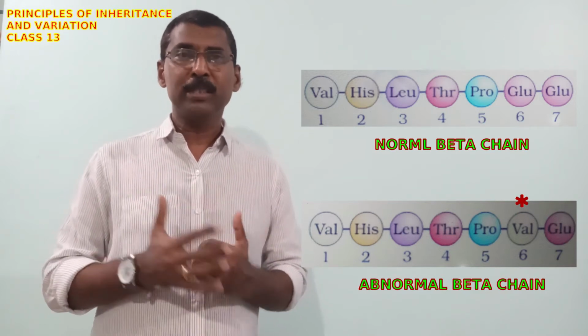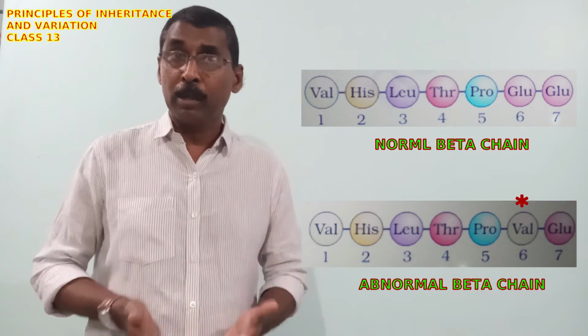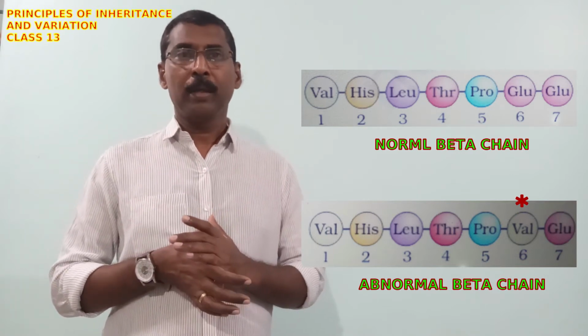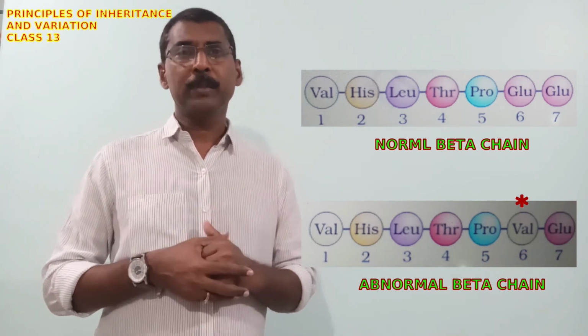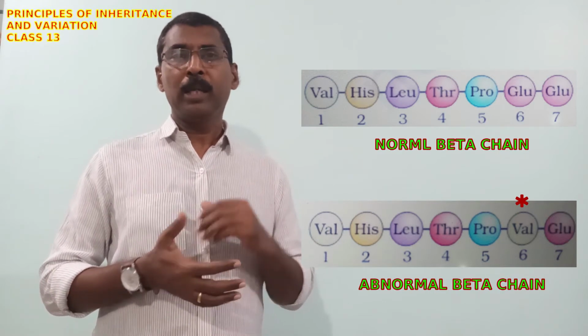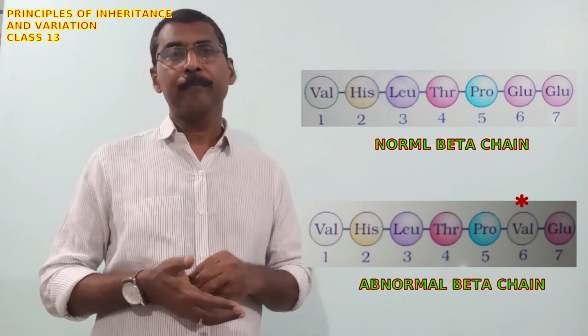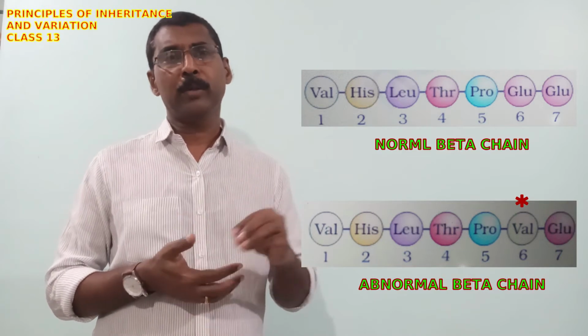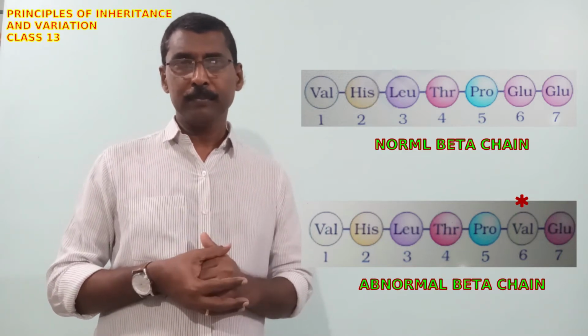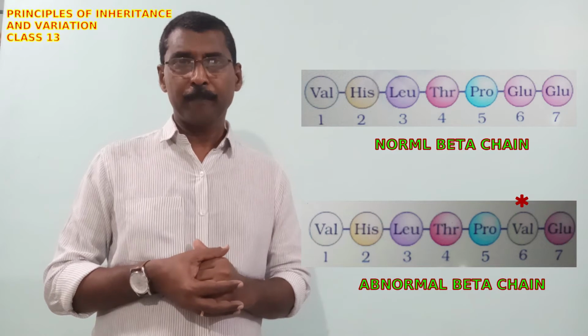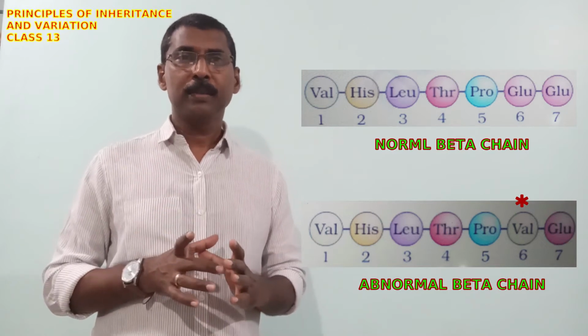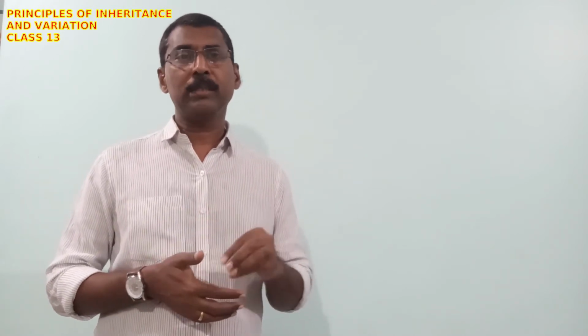That results in a very serious problem, and the hemoglobin becomes abnormal due to that change, and the RBC becomes sickle shaped, and hemoglobin fails to carry oxygen, fails to transport oxygen. Okay, so this is sickle cell anemia. When a person carries such a mutated gene, he becomes a sickle cell anemia patient.